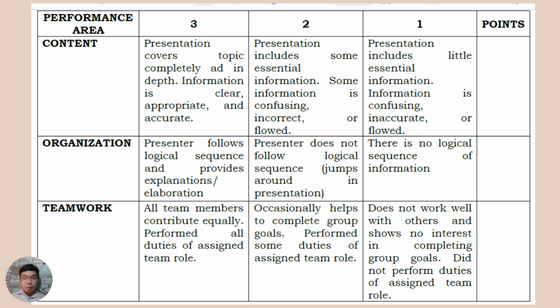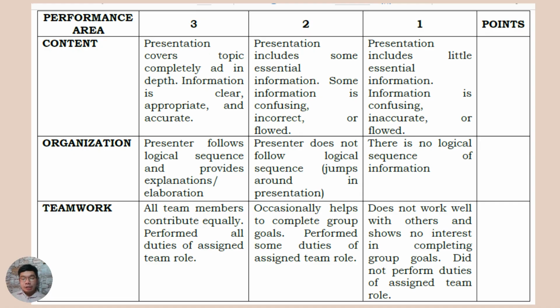Add in-depth information, is clear, appropriate, and accurate. 2 points for presentation include some essential information. Some information is confusing, incorrect, or flawed. 1 point if presentation includes little essential information. Information is confusing, inaccurate, or flawed.